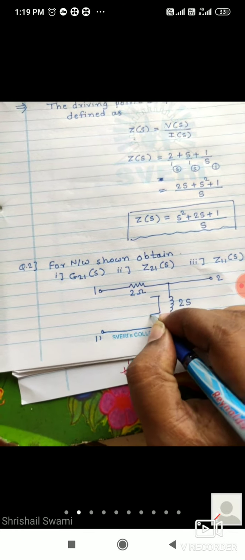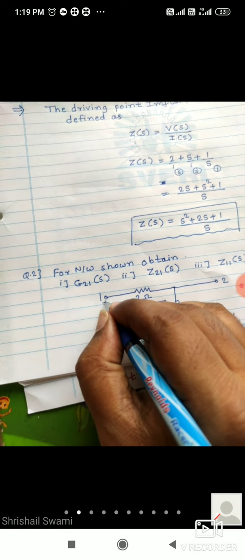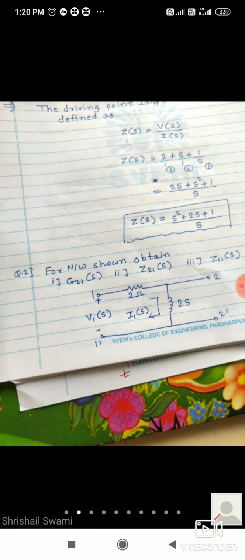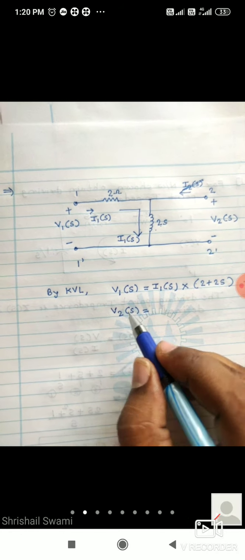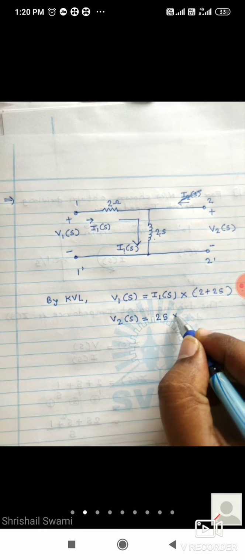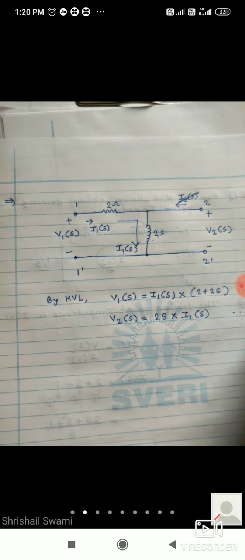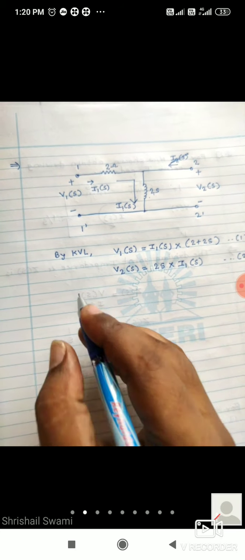So they have given the direction of I1 of S, along with this also given V1 of S. So I2 is not present here, I2 is 0. So V2 of S means voltage across 2S, so 2S into this current, that is 2S into I1 of S. So this is the second equation. So by using these two equations, we will get the answer of all network functions.